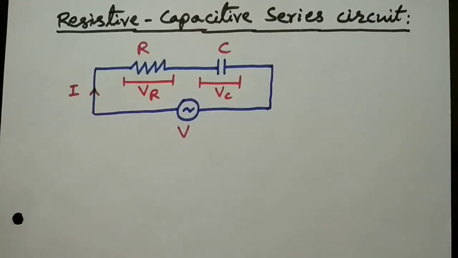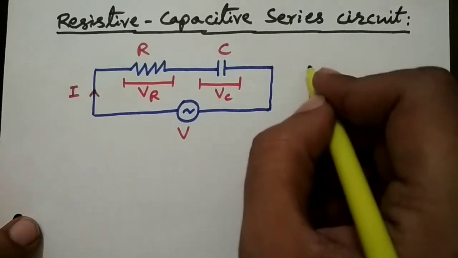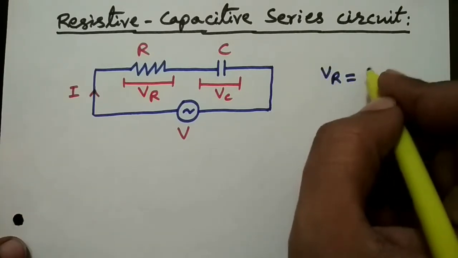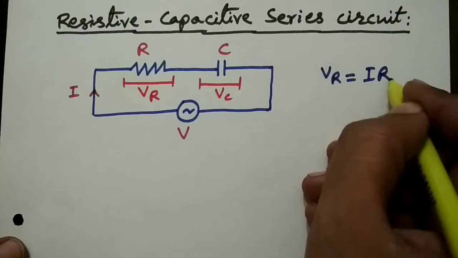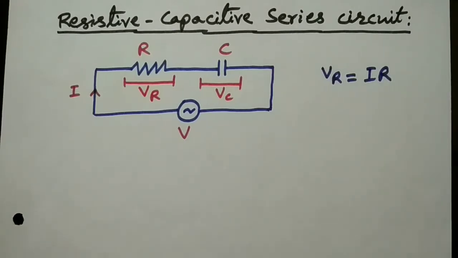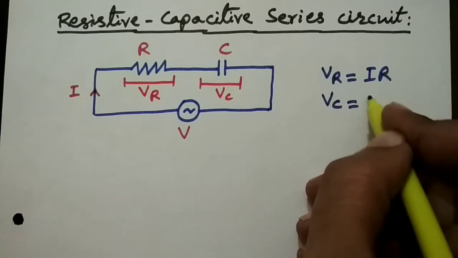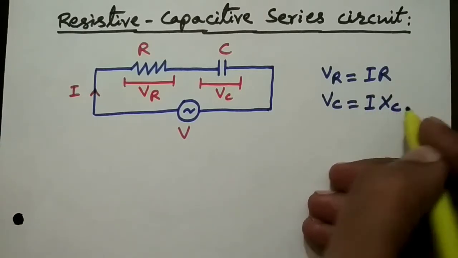When the current is flowing through some element, there will be a voltage drop. So the voltage drop across the resistor, VR, will be I into R, and the voltage drop across the capacitor, VC, is I into XC.